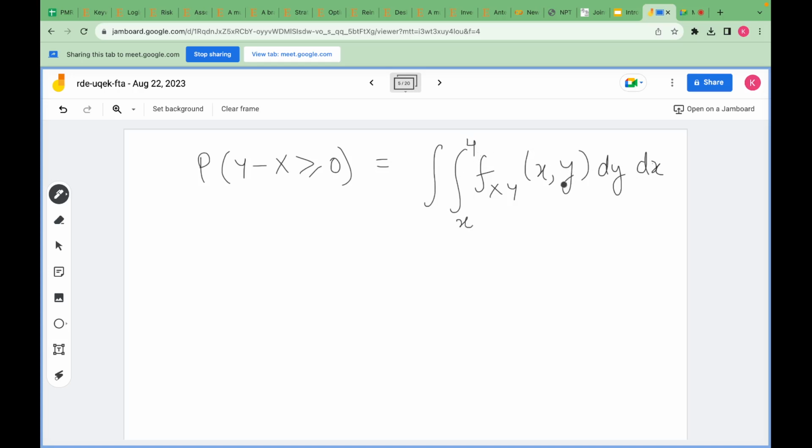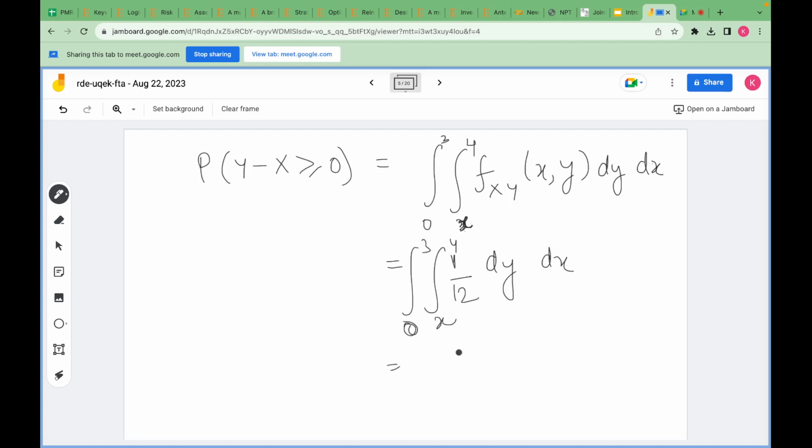So the limit of y is 0 to 4, but here y should be greater than or equal to x. Thereby the limit for y will be from x to 4, and for x it will be from 0 to 3. So this is nothing but 1 by 12 dy dx, with y from x to 4 and x from 0 to 3.